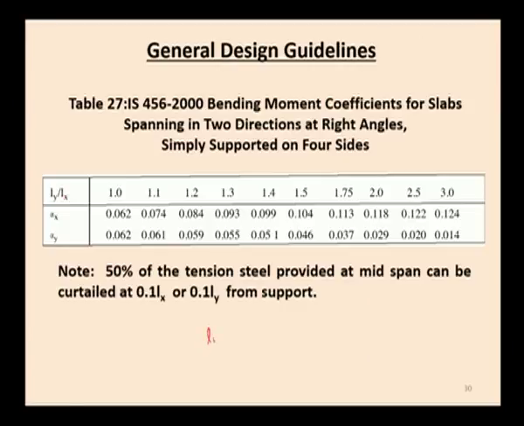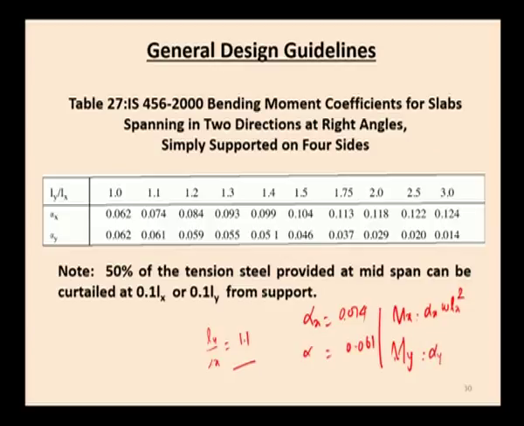When you find Ly by Lx, if Ly by Lx is 1.1, alpha x is equal to 0.074 and alpha y is equal to 0.061. From this we can easily find Mx and My in both directions, that is, Mx is alpha x into w Lx square, and My is alpha y into w Lx square.